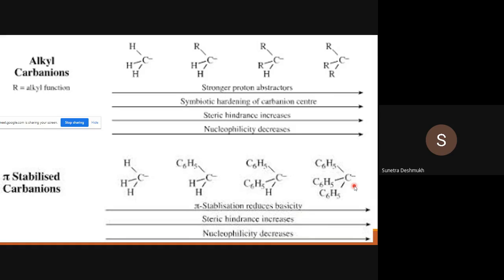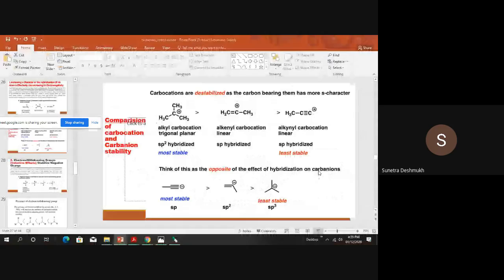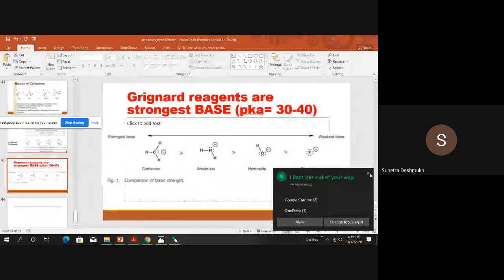We have seen just which is the strongest base and which one is the least basic. Electron donating groups containing carbanion acts as the strongest base, but if electron withdrawing groups are present, that carbanion is the weakest base, and it reduces basicity due to the non availability of charge on the carbon atom.